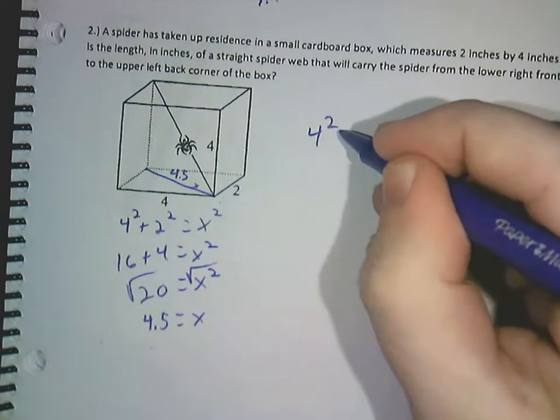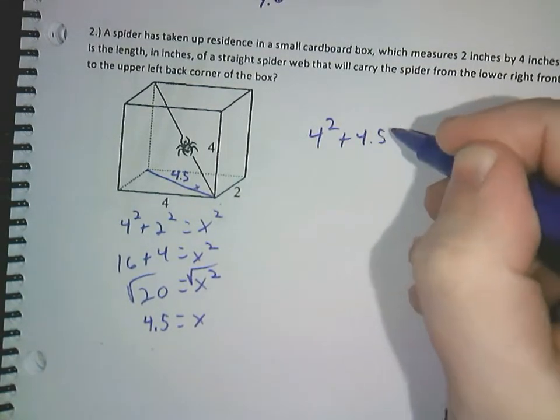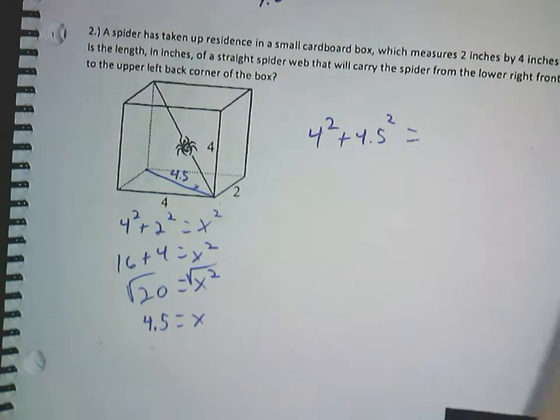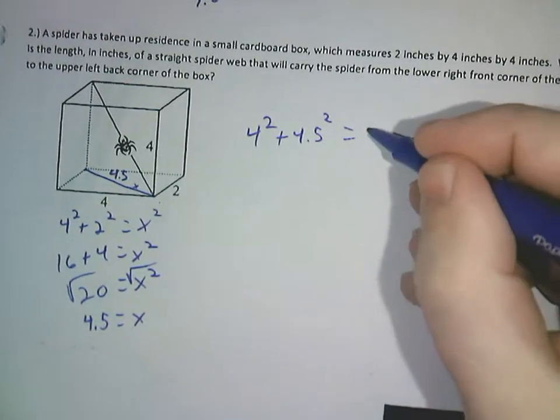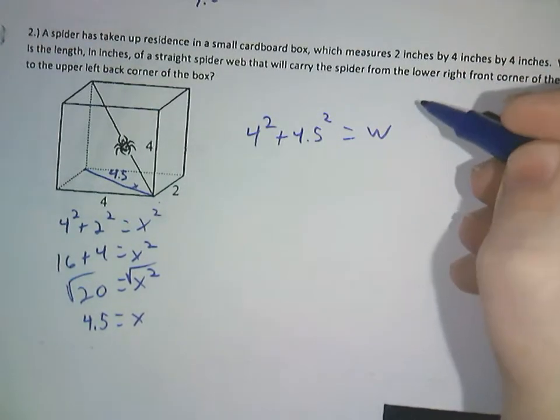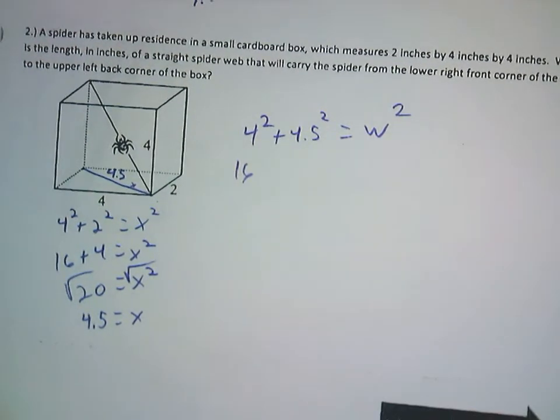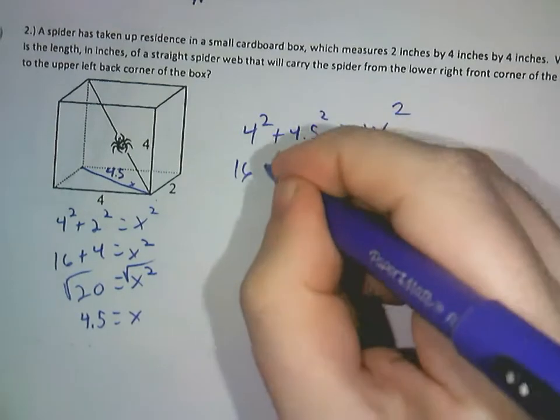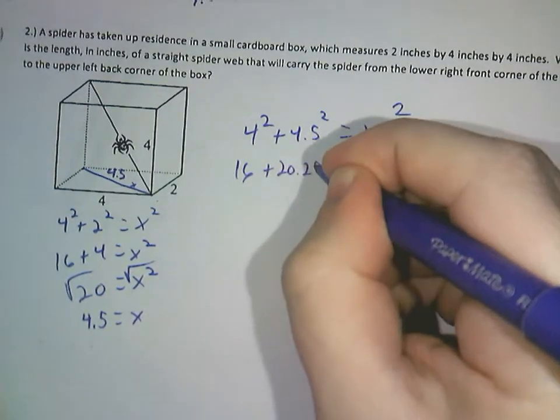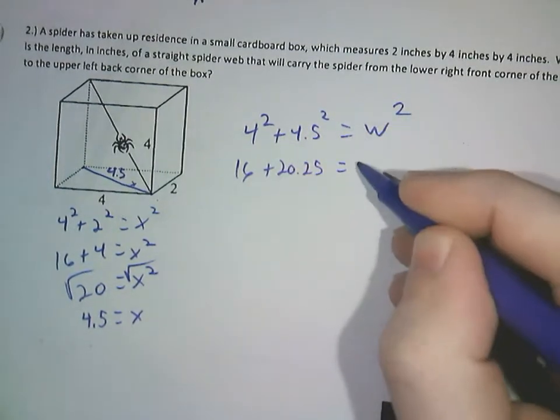So it'll be 4 squared plus 4.5 squared is going to equal, we'll call it W for web, W squared. Okay, so 4 squared is 16, 4.5 squared is 20.25, is equal to W squared.